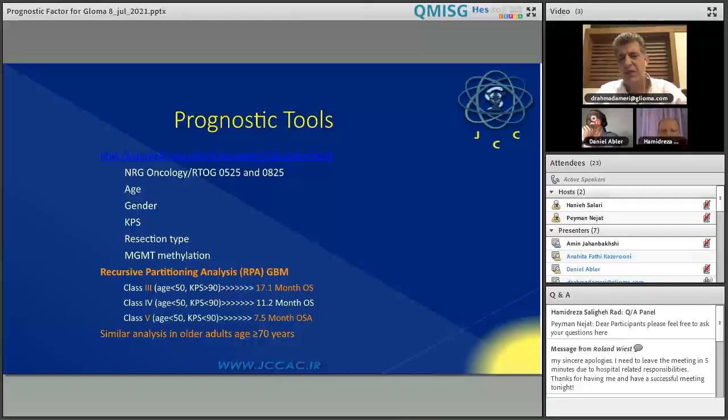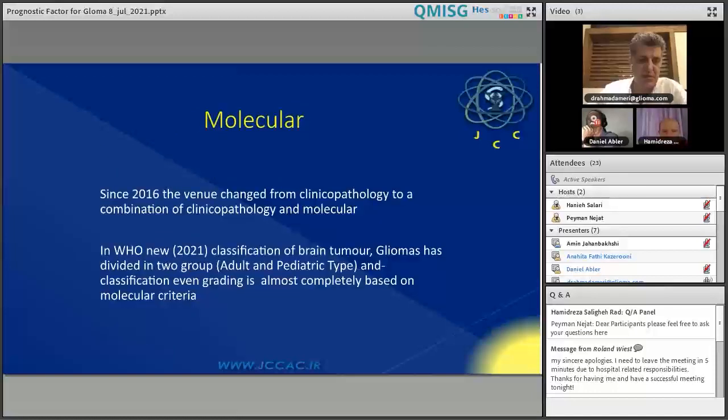They can predict the patient's overall survival when we define the trials. Stratifying patients based on these factors may help us reach a better understanding of the result of intervention. And some similar studies and analyses have been done for patients more than 70 years old.